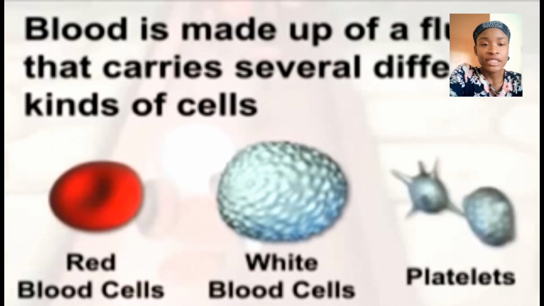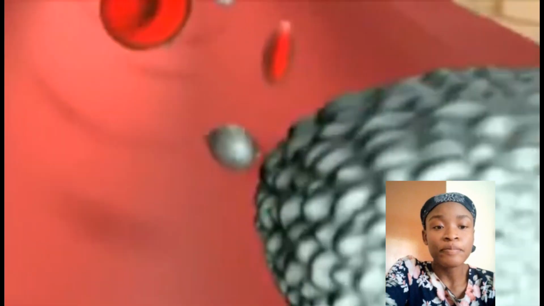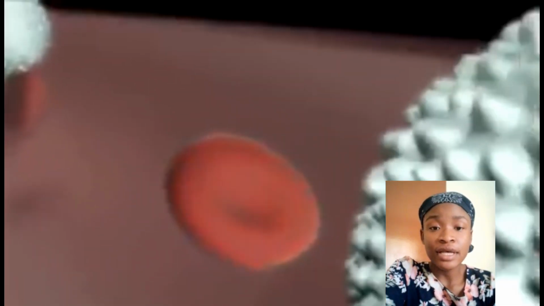Now let's look at the red blood cells. The red blood cells deliver oxygen and receive carbon dioxide. The white blood cells act as a protective barrier, protecting us from the bacteria that come into our bodies, and act as an immune system.